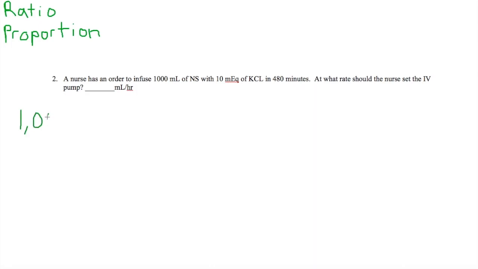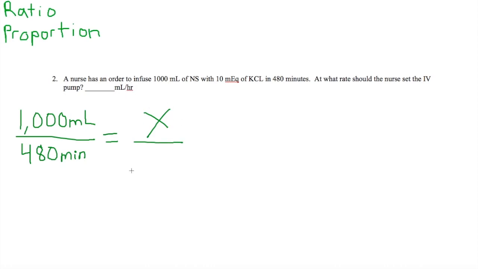For this problem, we know that we have 1,000 mils that's going to infuse over 480 minutes. So then that would be equal to X, because we don't know how many mils are going to infuse over 1 hour, which is 60 minutes.